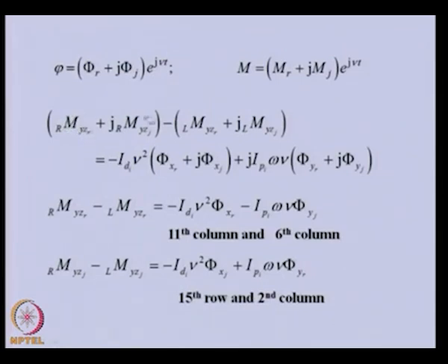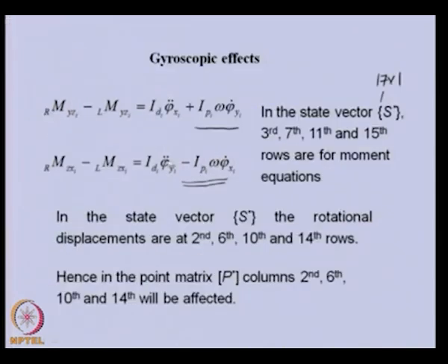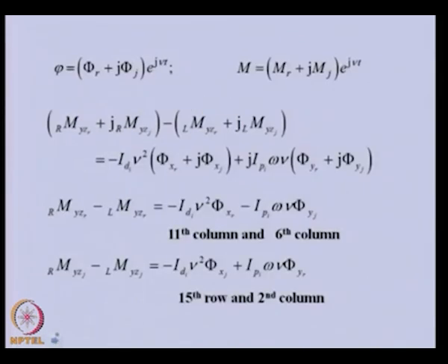So, in the first moment equation, the moment gives this, minus the second moment, equal to this, which is the rotary inertia. Because a second derivative is there, we need to take the second derivative of this. So, we get this nu square, since they are not time dependent.